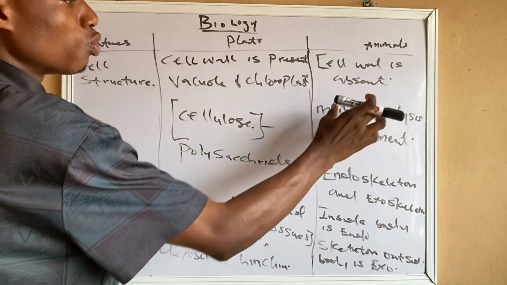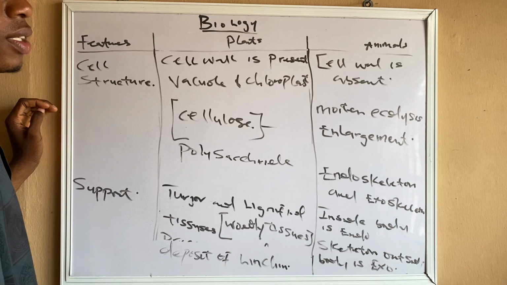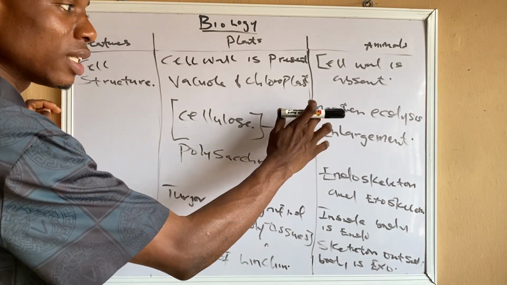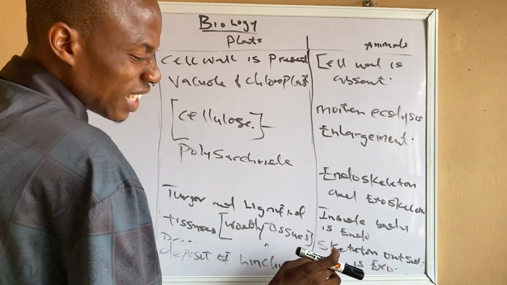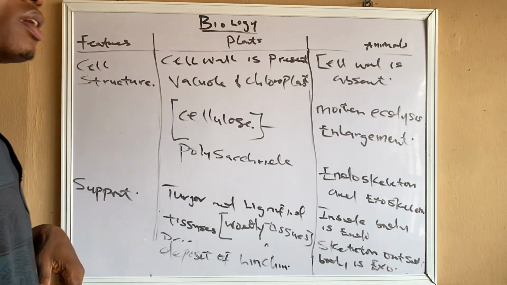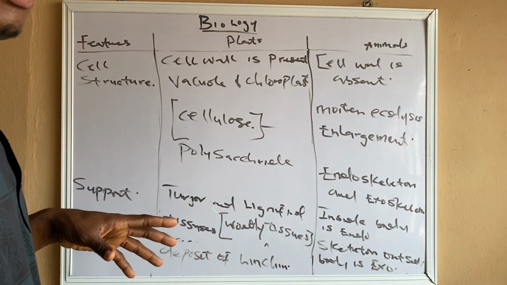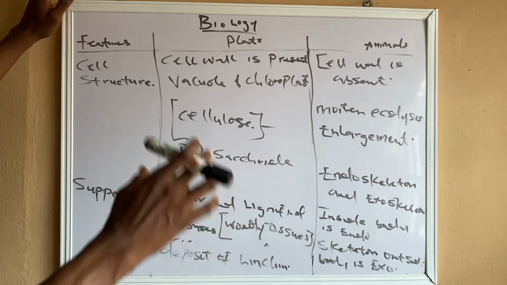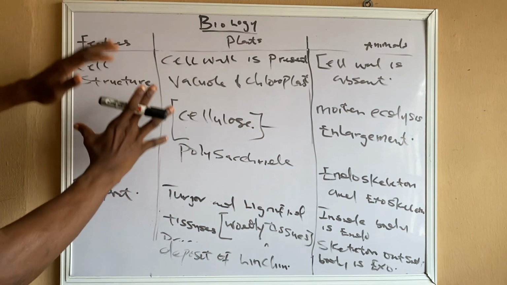That's the reason why they do molting ecdysis, and it is done by animals that have their skeleton outside the body. But we human beings have our skeleton inside. So that's another feature that we have discussed.